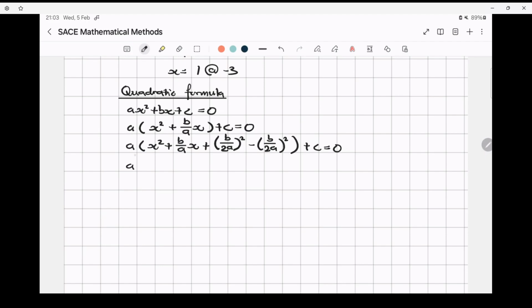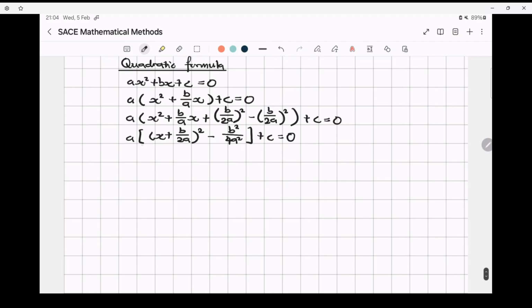Then you know that the first 3 terms inside the bracket can become x plus b over 2a, squared. Then you square the minus b over 2a, so you get minus b squared over 4a squared. Sorry, I'm using a square bracket. Plus c equals 0. So now multiply your a inside. So you have something like this.